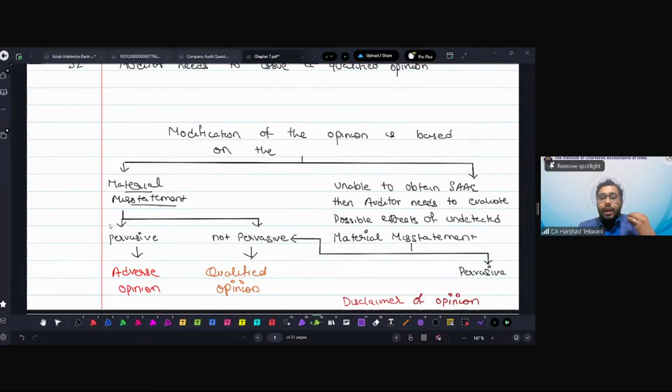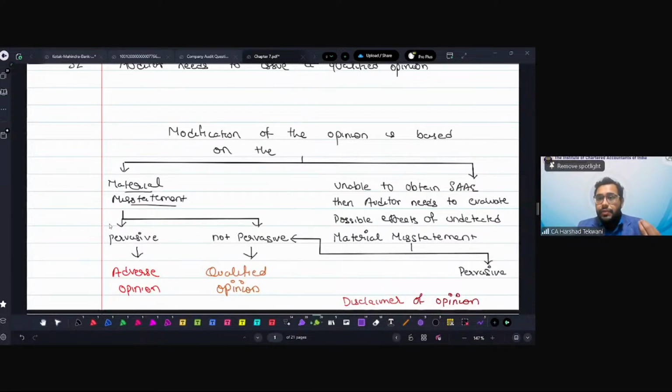Or the disclosure is fundamental to the user understanding. It is very critical. In that case, the material misstatement is impacting either multiple accounts, or a single account that is such a major portion of my financial statement, or it is fundamental to the user understanding, like going concern. Going concern is fundamental to the user understanding of the financial statement.